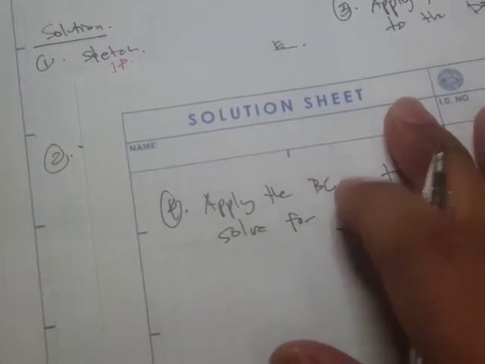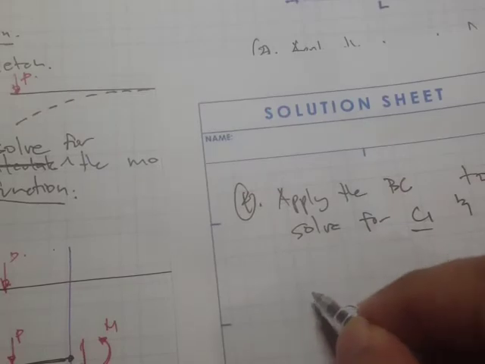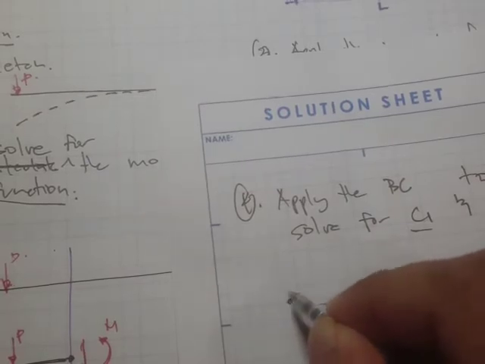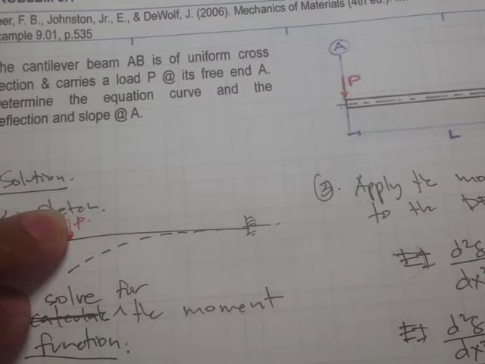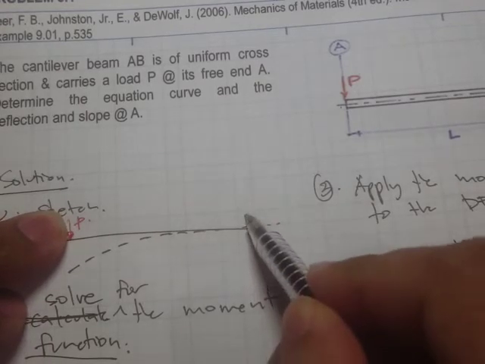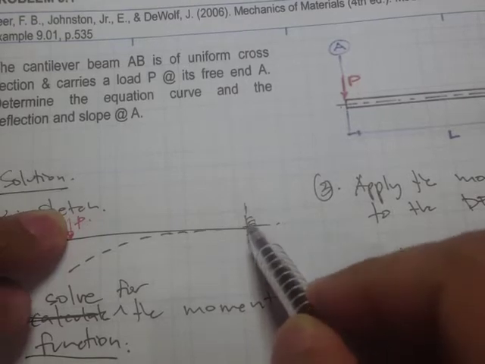So the first one, what are the boundary conditions? Let's start at point B.